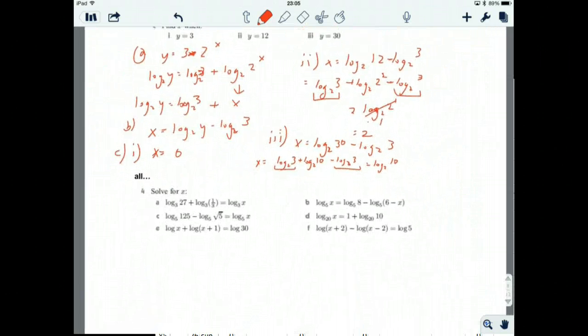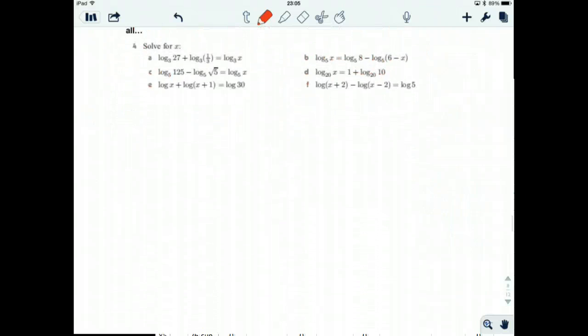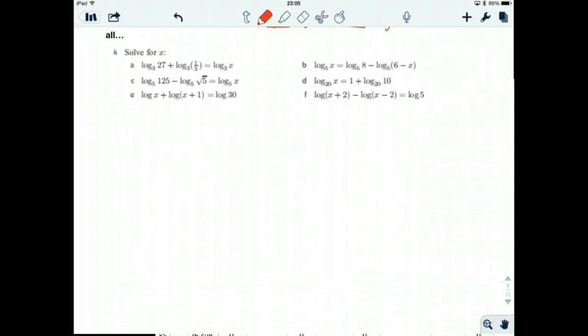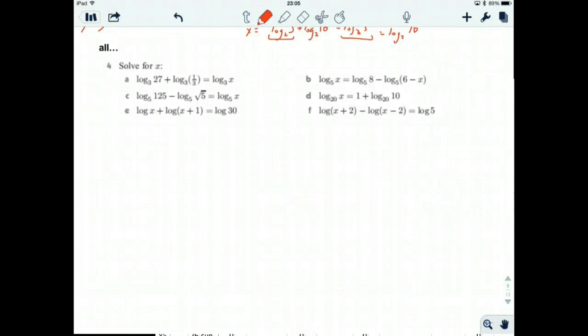Okay? All right, last one, number 4. Solve for x. So we have log base 3 of 27 plus log base 3 of 1/3 equals log base 3 of x.